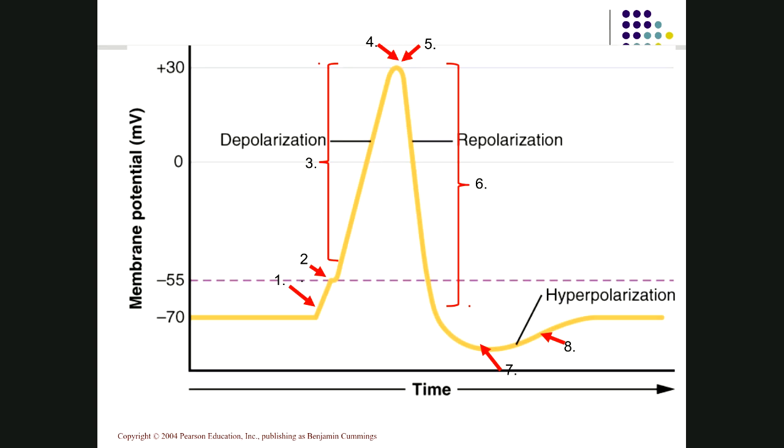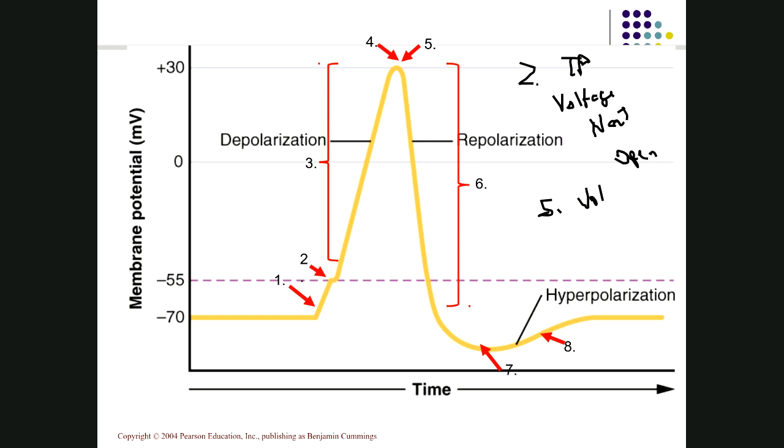Again, what happens at each one of these numbers? So what happens at 2? 2 is threshold potential, but what happens at threshold potential? Voltage gated sodium channels open. What happens at 5?